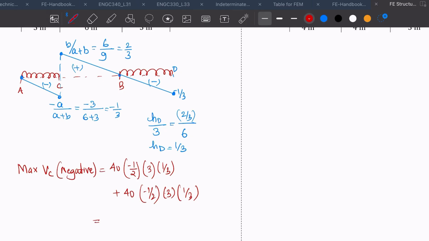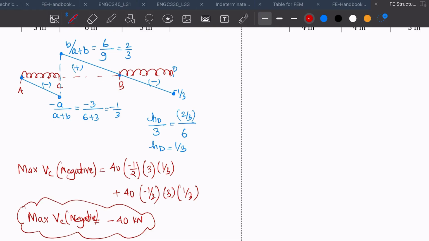And so if you do the calculation, you'll see that this will be equal to 40 kilonewton. So maximum shear force at C for negative shear will be equal to minus 40.